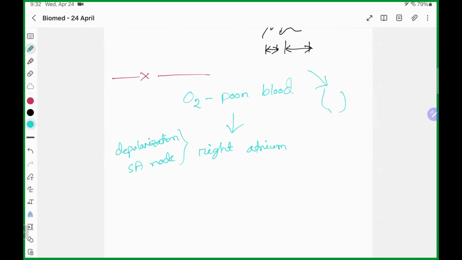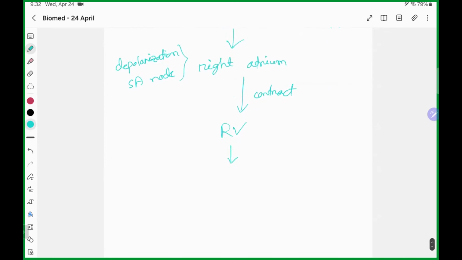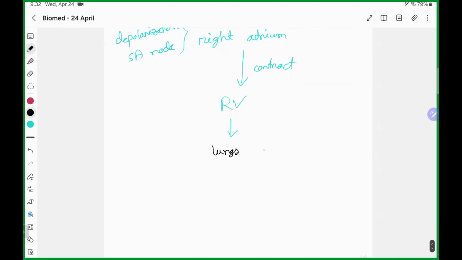Now this right atrium will contract and force the blood to the right ventricle. Are you following? Yes, sir. So it goes to the right ventricle, and from the right ventricle it will be pumped to the lungs.